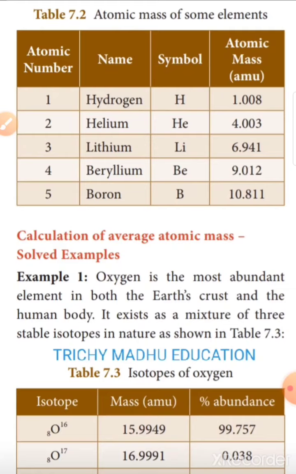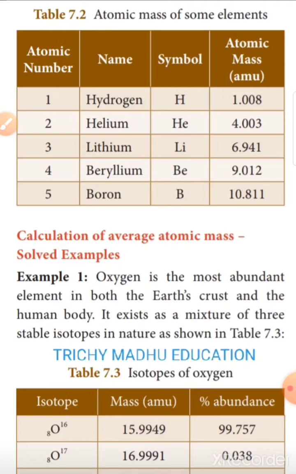The mass in AMU, atomic mass unit. For oxygen-16, it is 15.9949, and the percentage of abundance is 99.757. For oxygen-17, it is 16.9991, and the abundance percentage is 0.038.